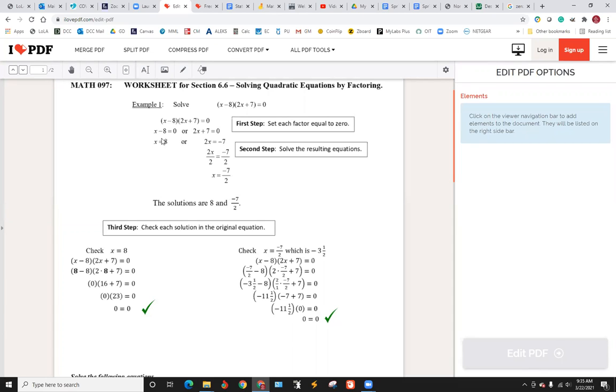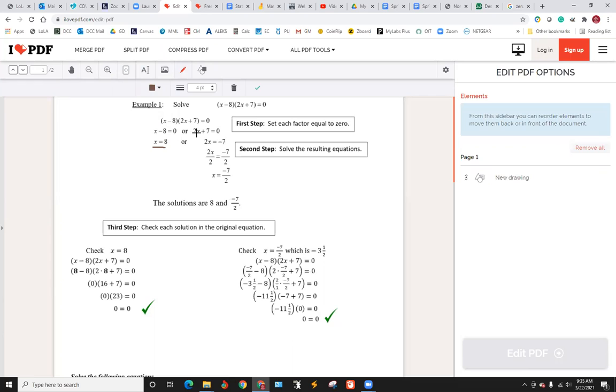So this one's pretty easy because we're just going to add 8 to both sides, and we get x is equal to 8. Now over here, 2x plus 7 is equal to 0, so subtract 7 and then divide by 2, and we've got x is equal to negative 7/2. So that's how we find our solutions.